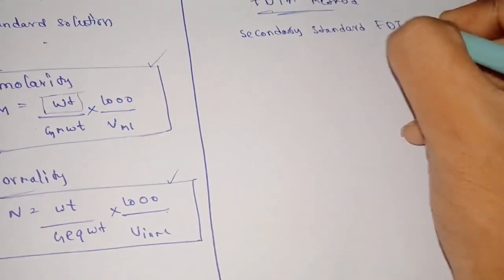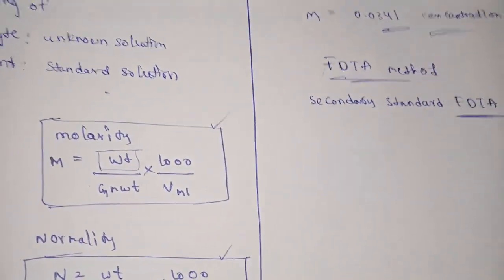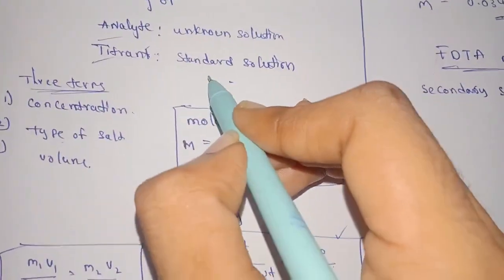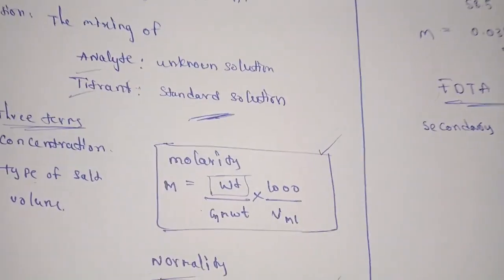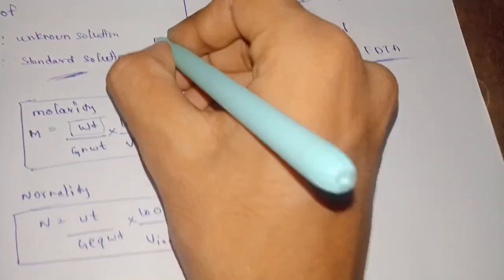This secondary standard solution means the titrant. A standard solution means we know the concentration of the solution, but standard solutions are of two types: one is primary and the second is secondary.